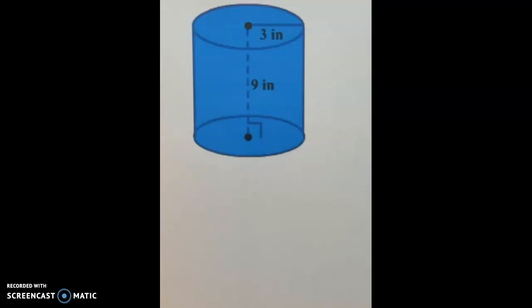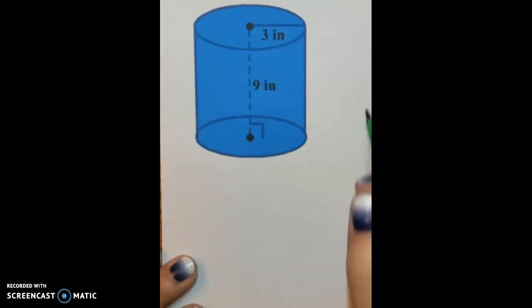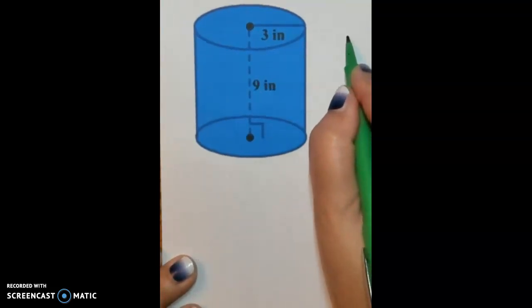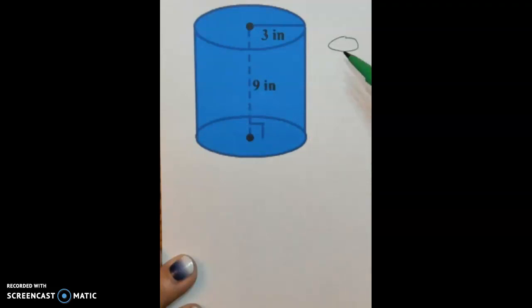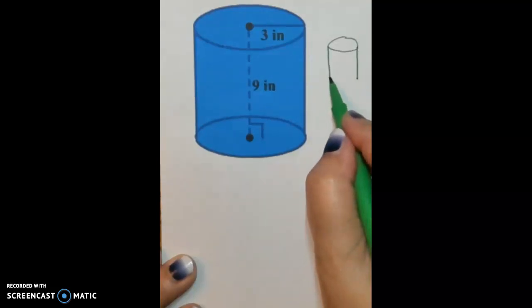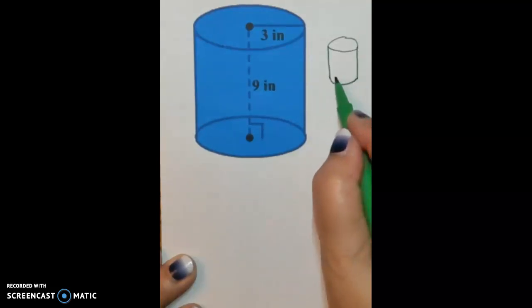All right, let's take a look at an example. I would recommend that you make a sketch of this in your notebook, and if you're not great at making a sketch of a cylinder, it's really pretty easy. Draw yourself a little oval and then two straight lines going down from the sides of your oval, and then just a curved bottom.